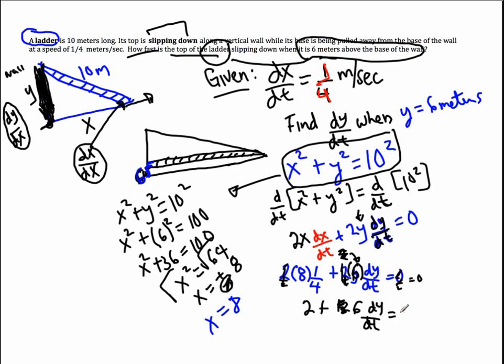Sorry, I shouldn't have said that. So 6 dy/dt equals -2. I subtracted the 2. Divide by 6, so you get dy/dt is -1/3.